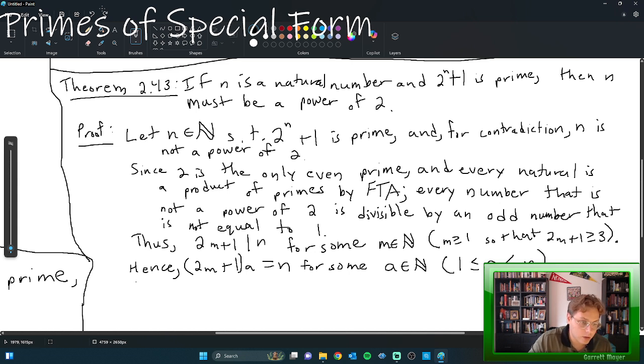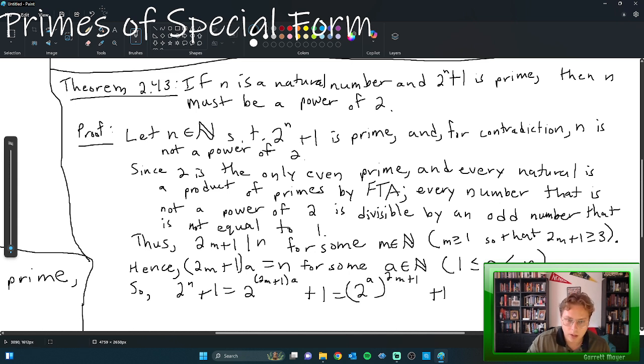Now, the next thing we're going to do is just a bunch of algebra. So 2 to the n plus 1 equals 2 to the (2m+1)(a+1), which equals (2 to the a+1) to the power of 2m+1, which equals (2 to the a+1 minus 1) to the 2m+1, plus 1.